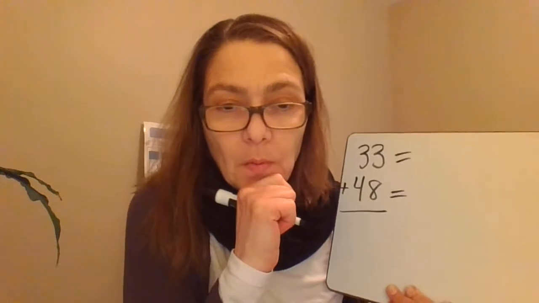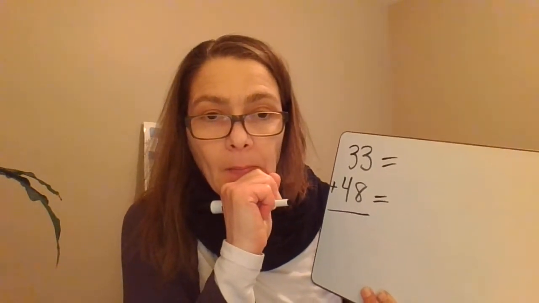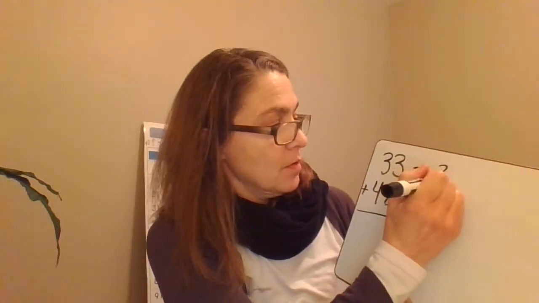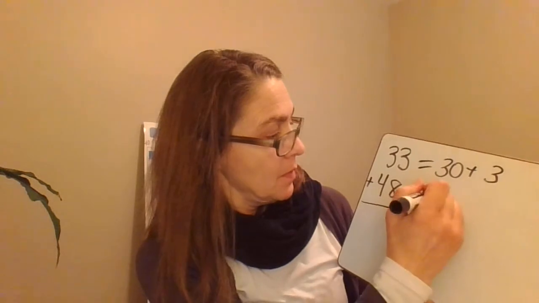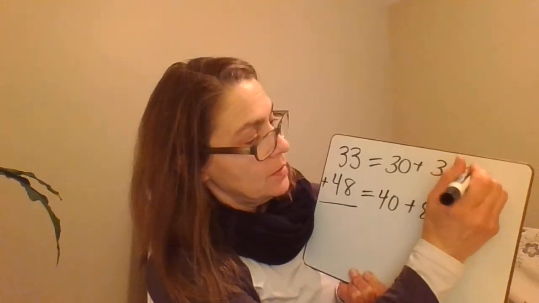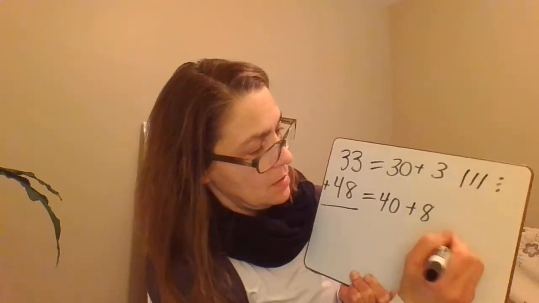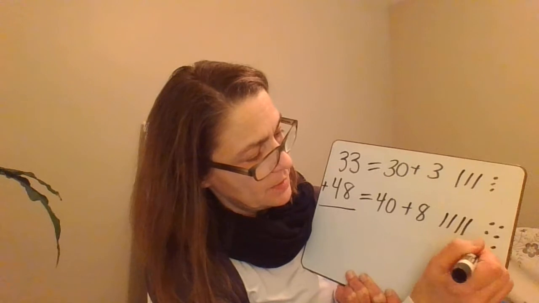Can go ahead and do it with the base 10 blocks. All right, so we have 30 plus 3, 40 plus 8. 1, 2, 3, 4, 5, 6, 7, 8.